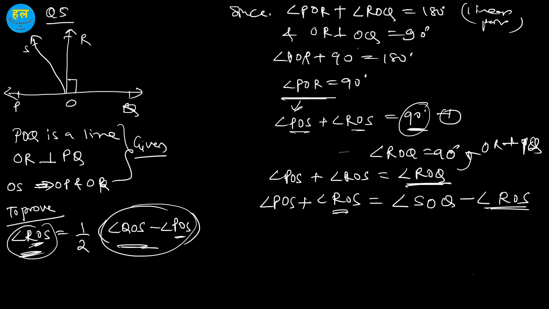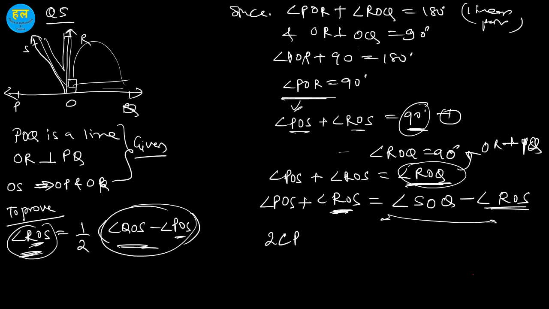We didn't want ROQ, and we can write it here because if you want to find this angle, we can write this angle minus this angle. This gives us this angle. So ROQ is SOQ minus ROS. Also we have ROS on both sides, so we bring this ROS to the left hand side.